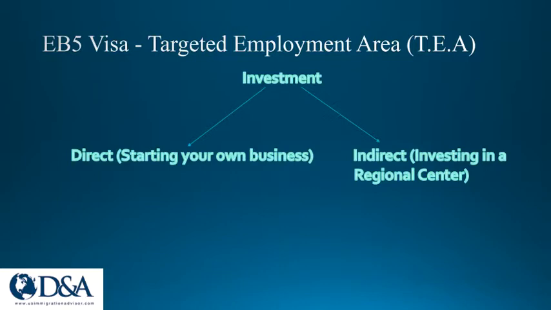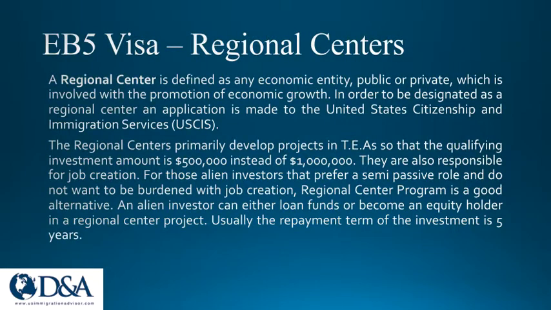EB5 visa, targeted employment area or TEA investments can be made both directly or indirectly. Direct investment is starting your own business, whereas an indirect investment is investing in a regional center. So, what are these regional centers? A regional center is defined as an economic entity, public or private, which is involved with the promotion of economic growth.